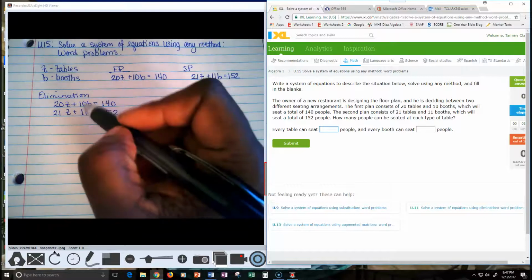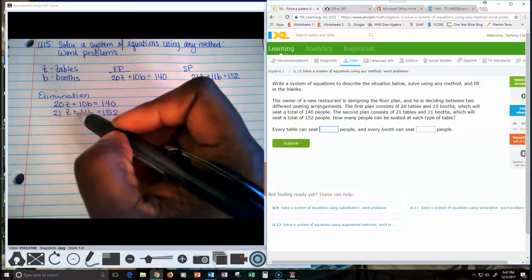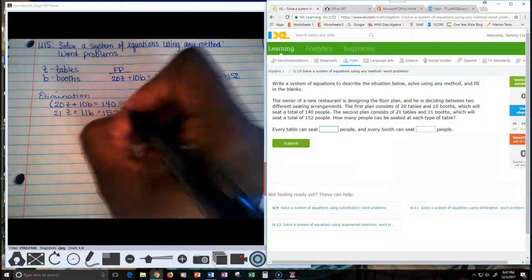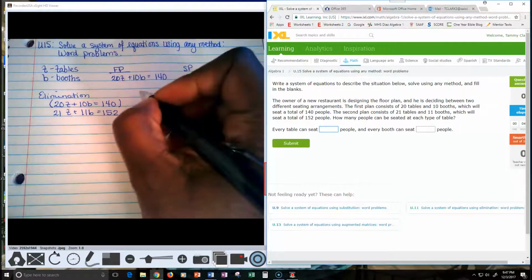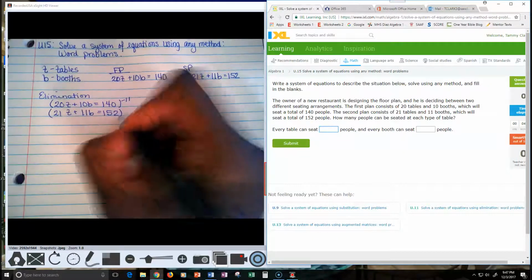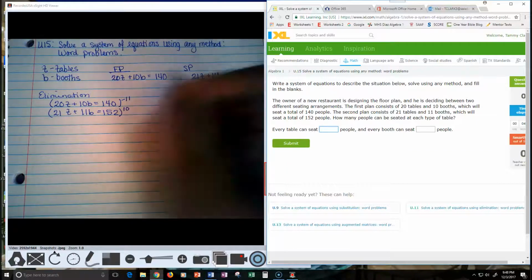I know that they need to be the same coefficient, but opposite signs. The best way to do this would be to multiply the first line by negative 11 and the second line by positive 10, and that should give it to me.